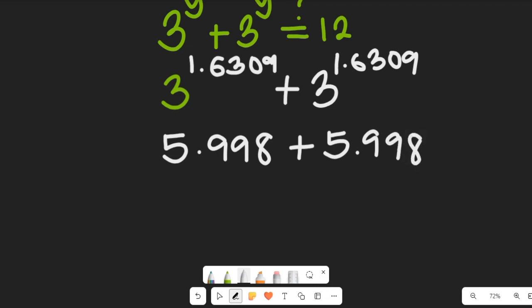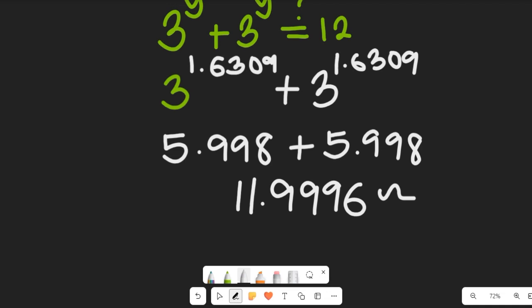If we add this, it is going to give me 11.999996. And when we approximate this, it is approximately 12.